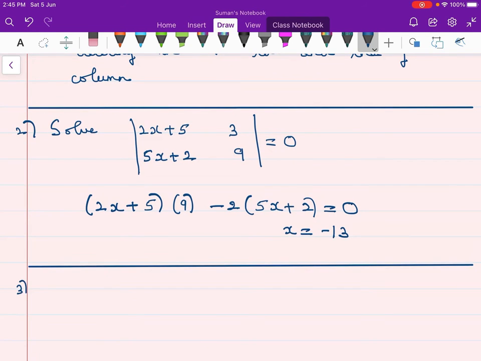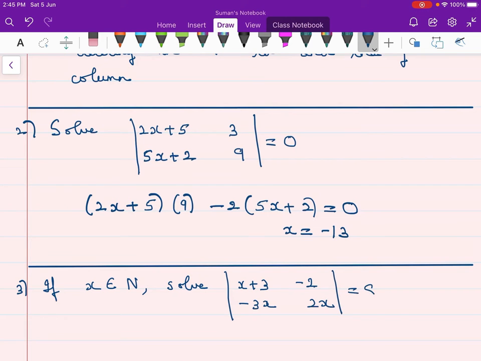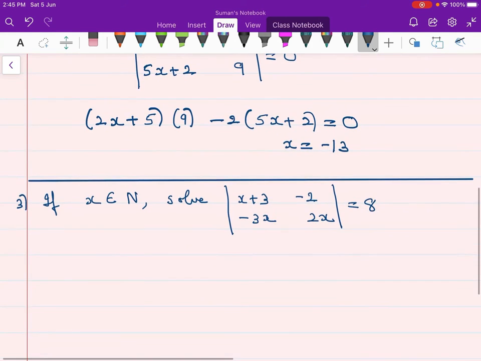Moving on to the next question. If x belongs to natural numbers, solve this determinant. Again, you just expand the determinant.